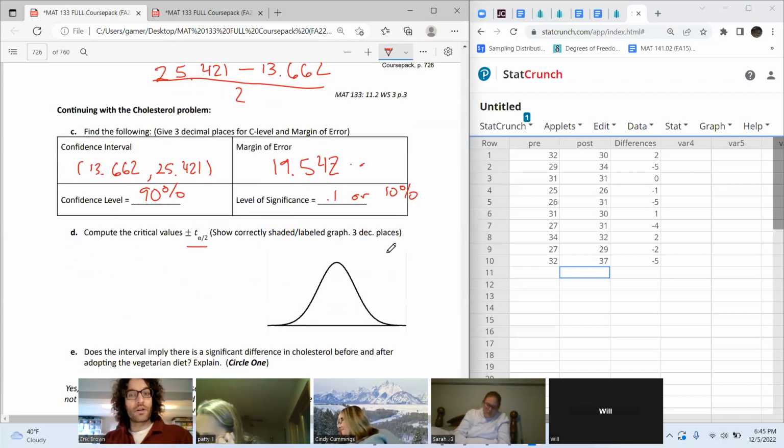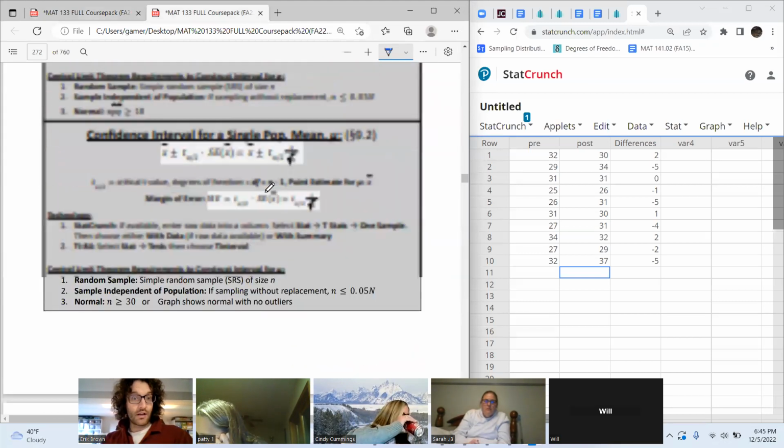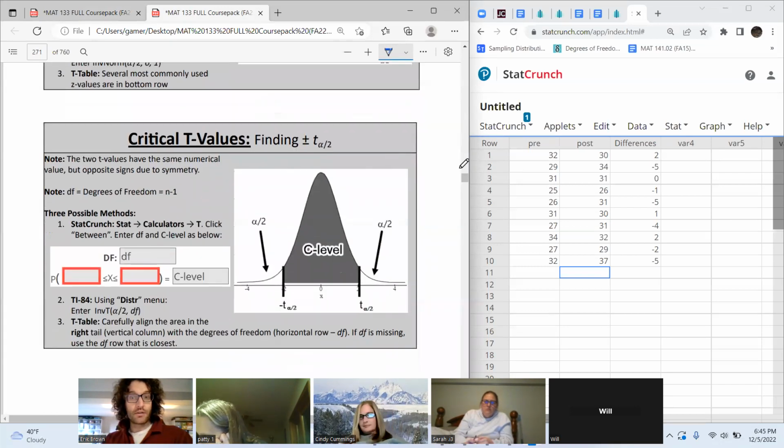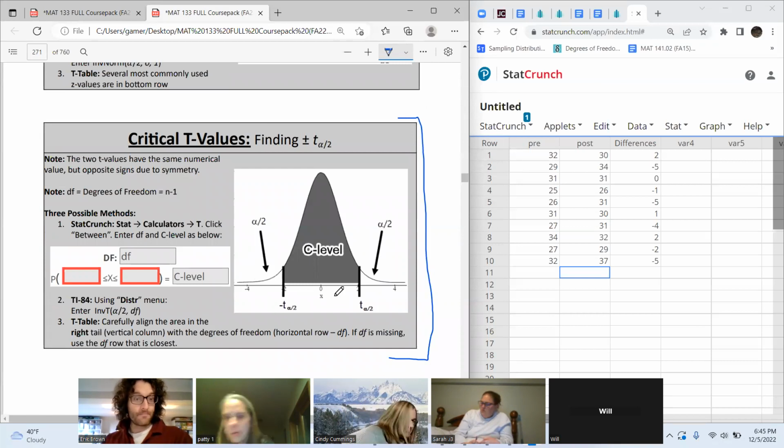How'd y'all do finding the critical T value? Did you remember StatCrunch? Did you remember that on page 271, there's a reference sheet of how to find the critical T value?